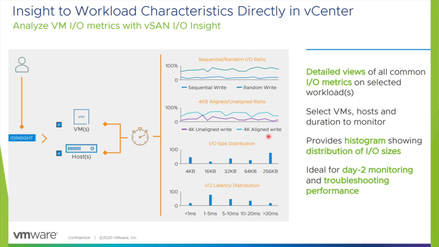It was basically an IO Insight which used to give us in-depth analysis of whether we have 4K alignment, whether it is a sequential read or write. Now they have introduced this in the GUI of vSAN. So we no longer need any third party, well, not third party, it was a Fling from VMware itself, but you can literally have a look at that. We can compare the VMs and check that out.